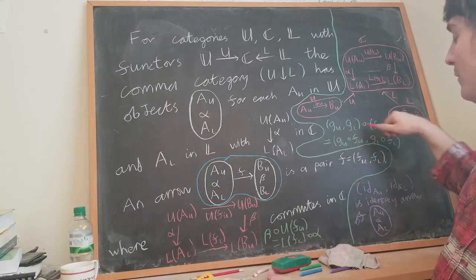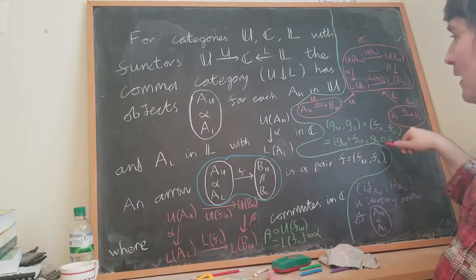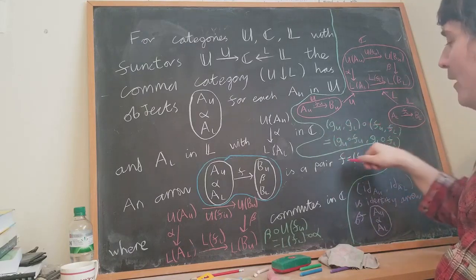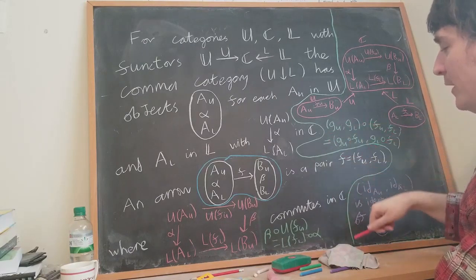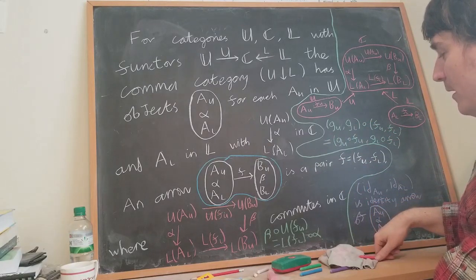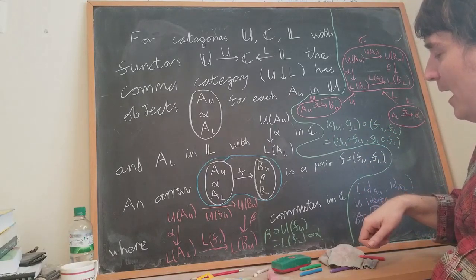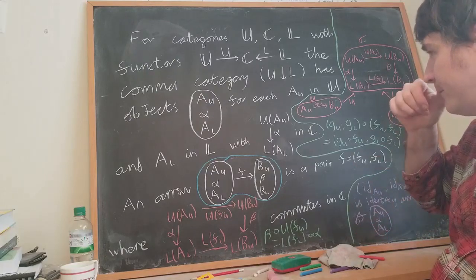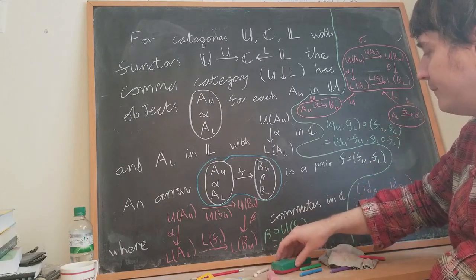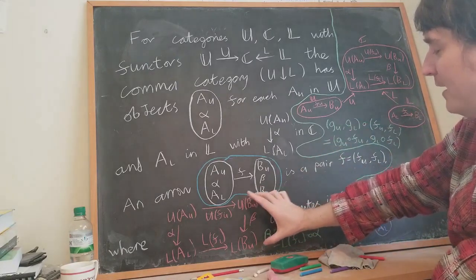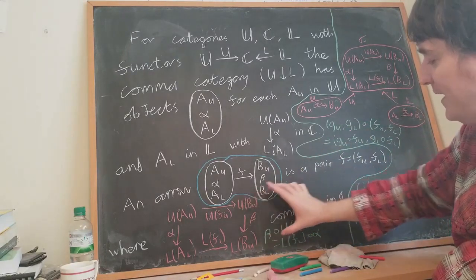But how do we know that this is actually going to give us another arrow of our comma category? Well, effectively, we can see that by extending this square here.